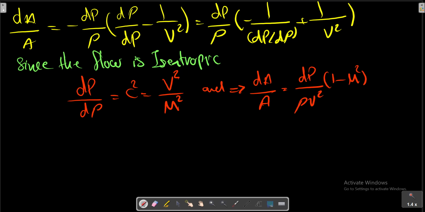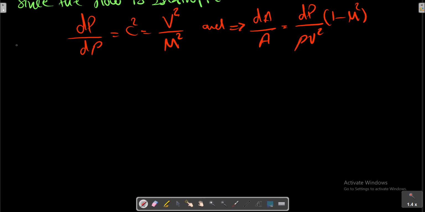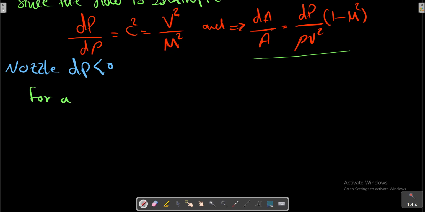For a nozzle, dP is smaller than 0. Considering this relation for a subsonic nozzle, we can write this relation.